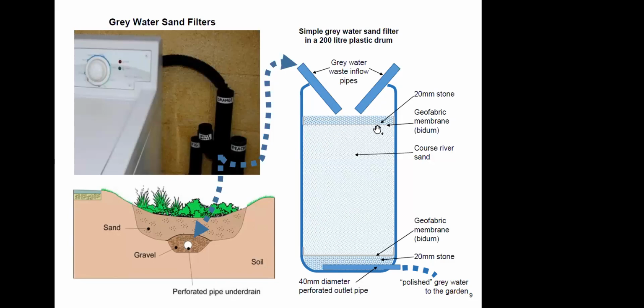The geofabric membrane makes sure that we don't get any other residue coming through, and then the grey water filters through here and eventually comes out this side. And this water I was using regularly to irrigate my garden. So every time I heard the washing machine going in the neighbors' flat upstairs, I was very happy because I knew my plants would get irrigated automatically.